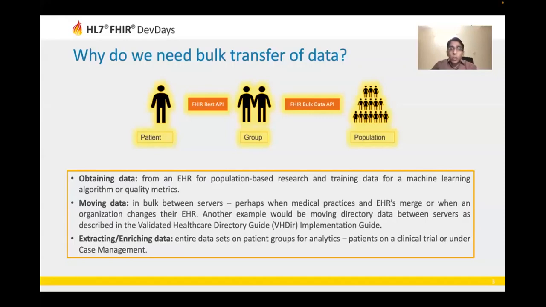For that purpose, you need to extract the data from your system. There can be a scenario when you are moving from one system to another, and you have to transfer the entire data set. There may be scenarios when you want to run some kind of enrichment or transformation for analytical purposes, and for that you need the entire data set. So there can be various business reasons for which you need to get hold of the entire data set.